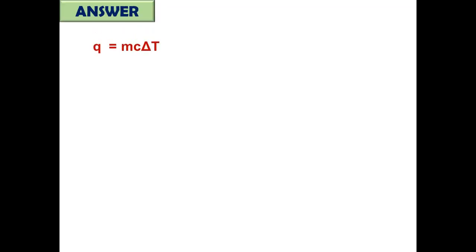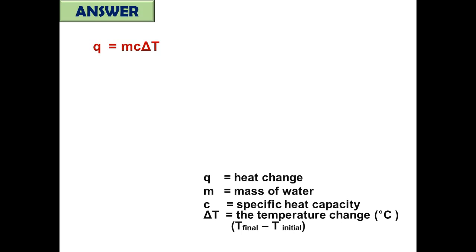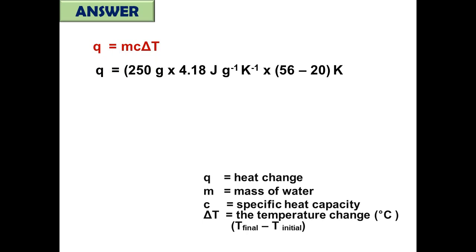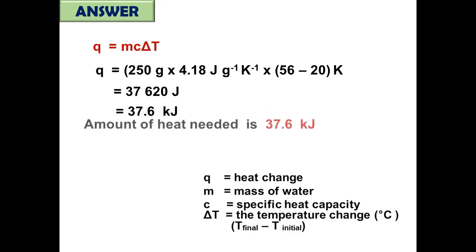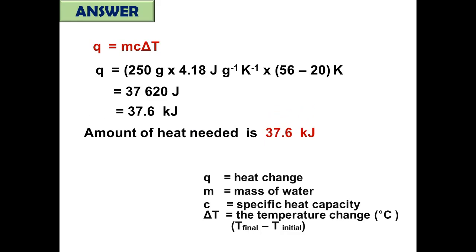By using the simple formula Q equals m c delta T. Fill in the correct data given: m equals 250 gram, c equals 4.18 and delta T is the difference, 56 minus 20 K. So we got the answer 37.6 kJ. That means the amount of heat needed is 37.6 kJ.